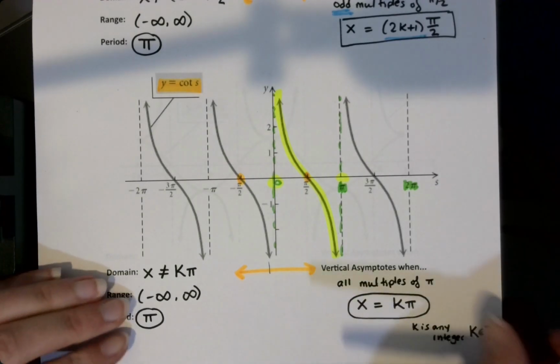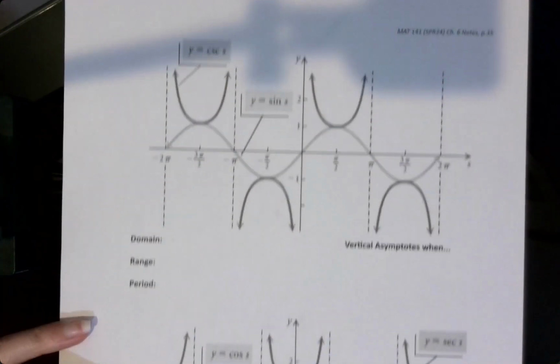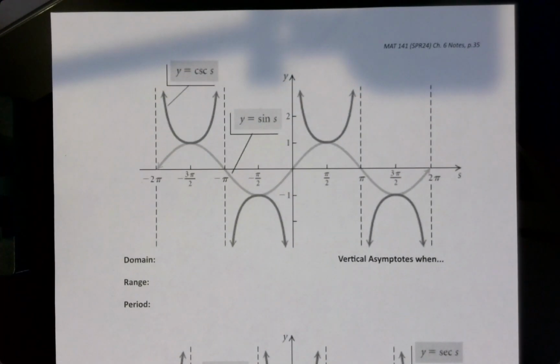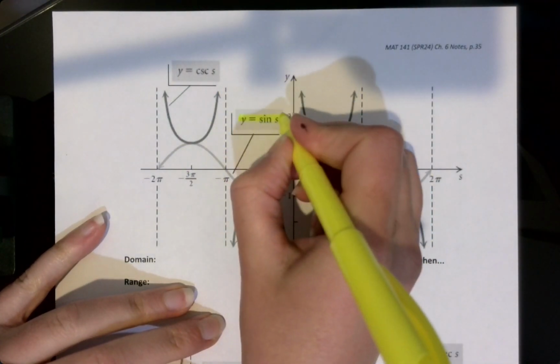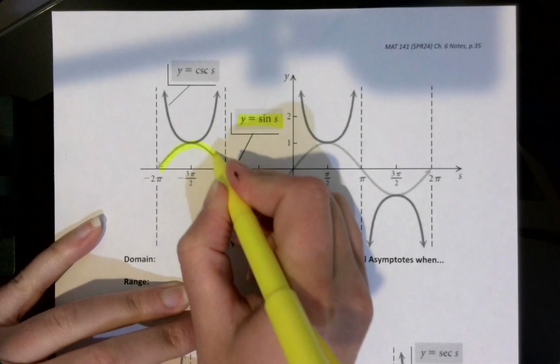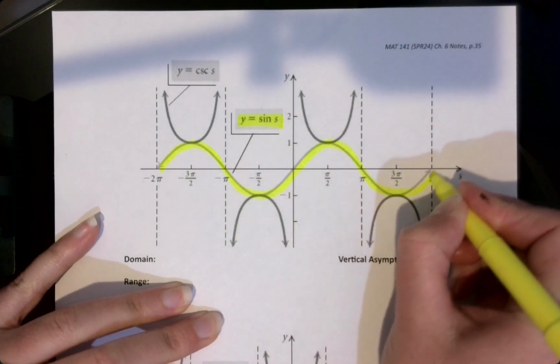All right, we've seen sine, cosine, tangent, and cotangent. So next we're going to see cosecant and secant. One of the best ways to look at the graph of cosecant is to consider what the graph of sine looks like. So this is the graph of the sine function that we saw previously.